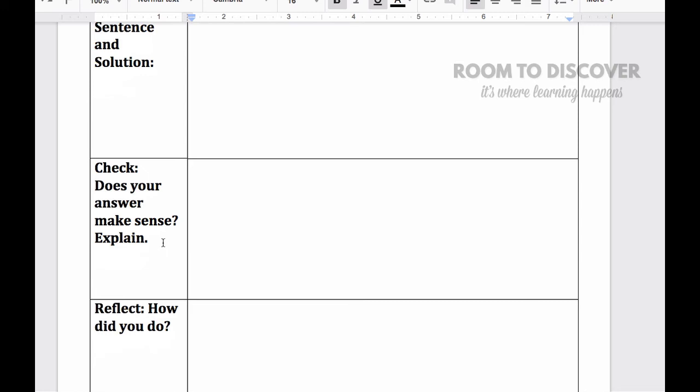This is another place where we're going to get some insight into their formulation, right? How does the answer make sense? We want them to be catching it when the answer doesn't make sense. That ties back to our habits of mathematical practice from the Common Core standards. Precision, right? Look at your answer. Also, the reasoning component.